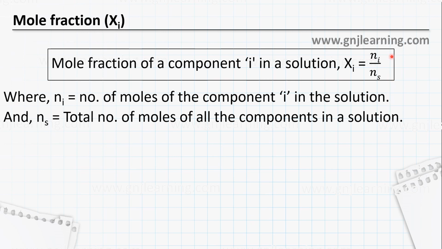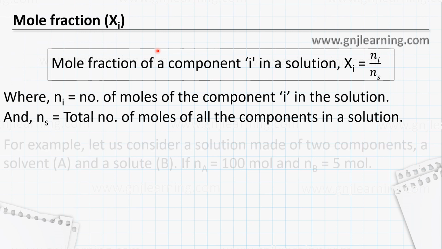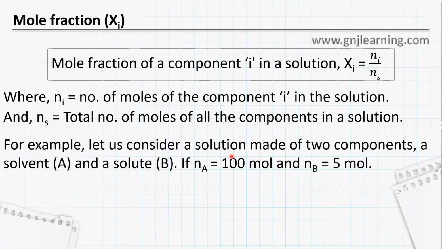Let's try to understand this using an example. Let us consider a solution made of two components. Let us assume that we have a binary solution. Binary solution means it is made up of two components: a solvent named capital A and a solute named capital B. Clear?